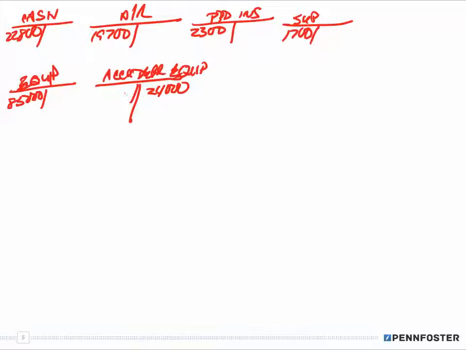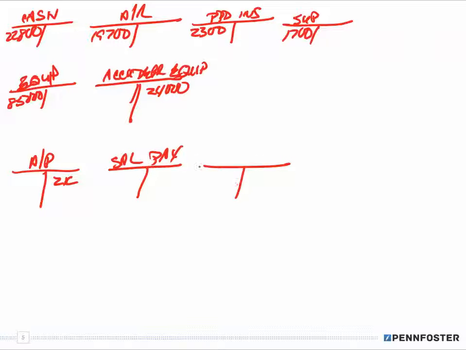Okay, so our liabilities are accounts payable, and that has a beginning credit balance of 2,000. We have salaries payable, and that has a beginning balance of 0. And we have unearned service revenue with a beginning balance of 2,500.